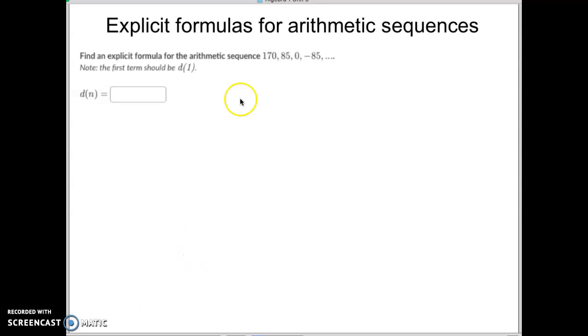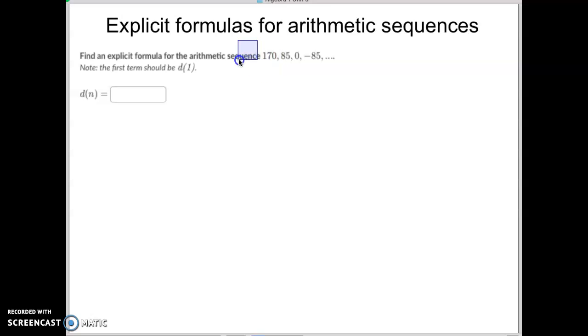So if you were to take a look at this sequence right here, and we start at 170 and then 85, 0, negative 85. I want you to understand something. This is called your first term. It's not the 0th term. It's not the y-intercept. It's the first term. It's like if x equaled 1 on a graph, what would the y-coordinate be?